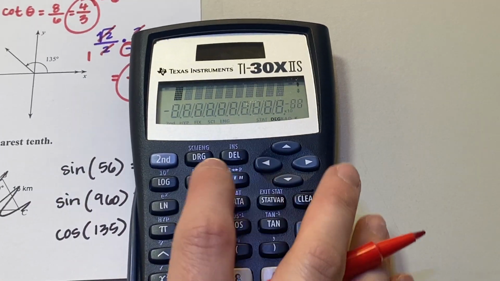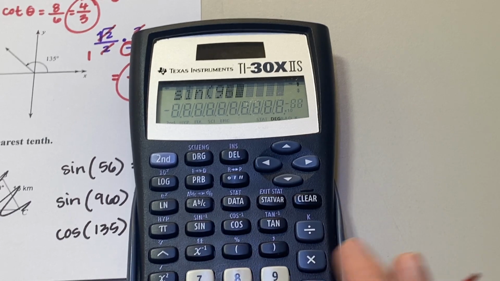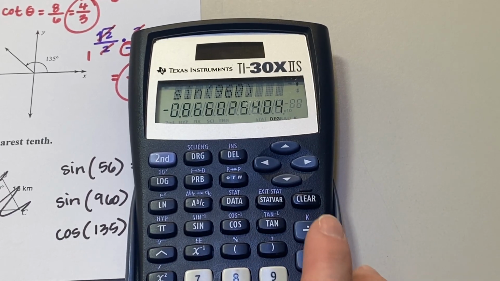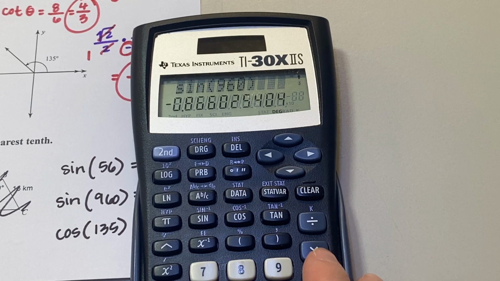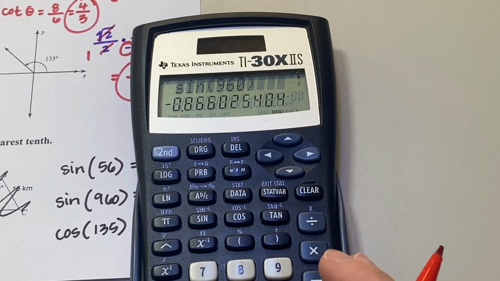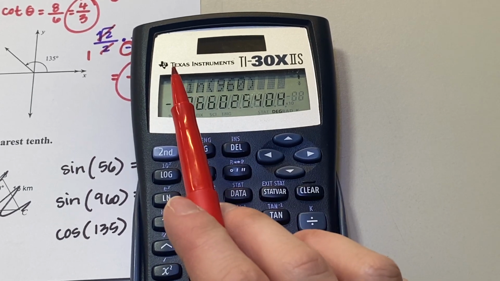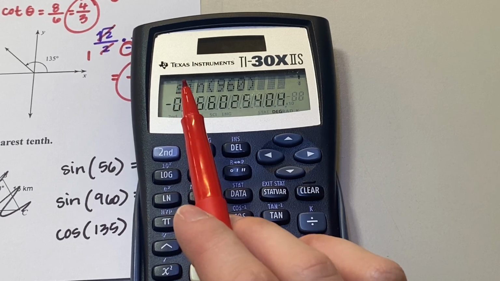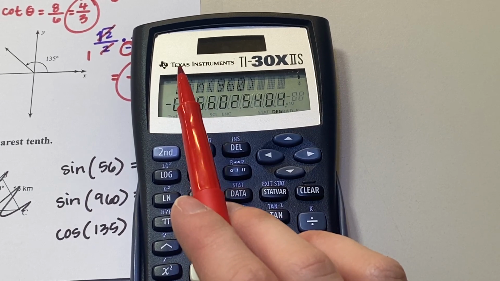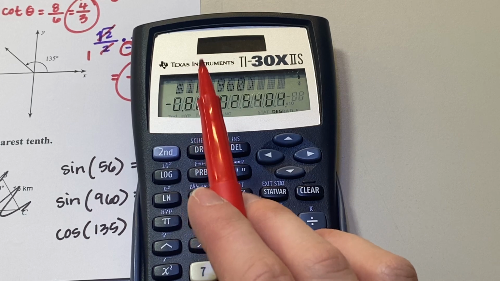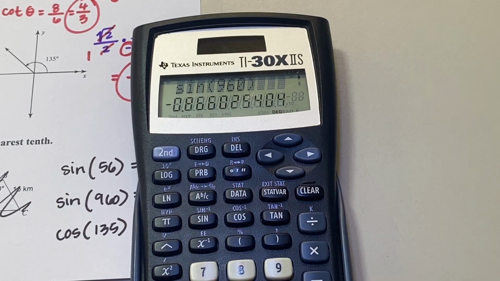Sine of 960. Sine 960, parentheses, equals. Let's practice rounding to 2 decimal places, just for practice. Negative 0.87. Good job. Beautiful.